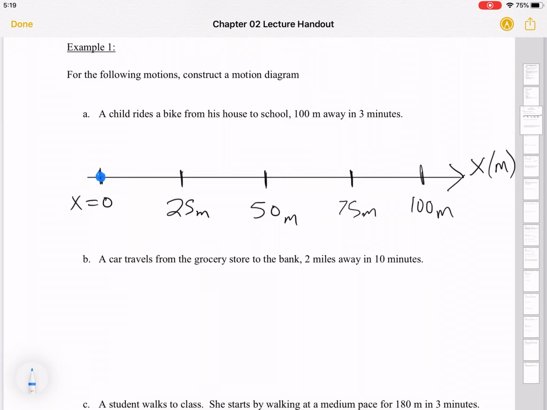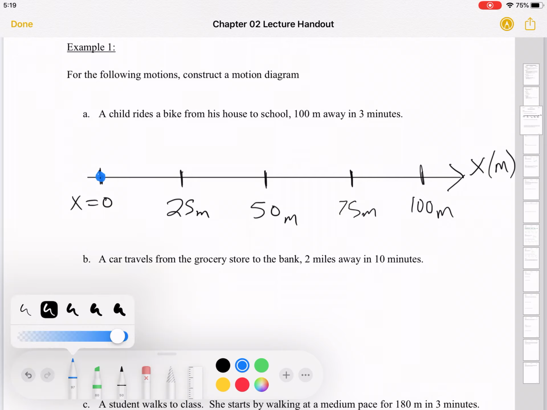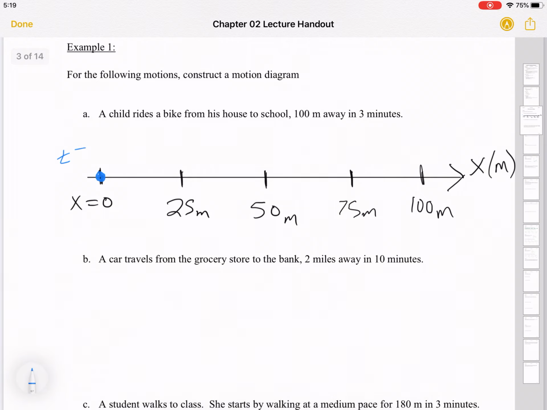Let's mark half minutes. Because if I do minutes, this is at t equals 0. T equals 0 minutes. And I'm going to end up here at t equals 3 minutes. And if I just mark minutes, I'm only going to get 2 data points in here. And I'd like to have a couple more than that.